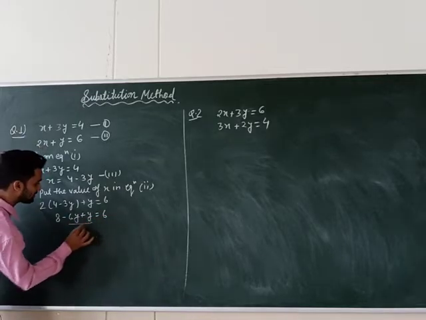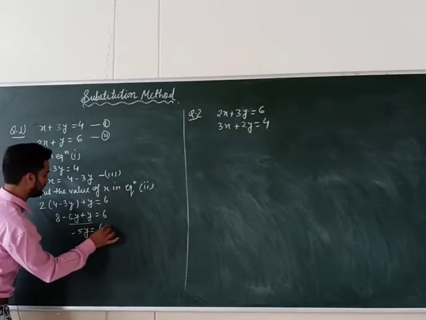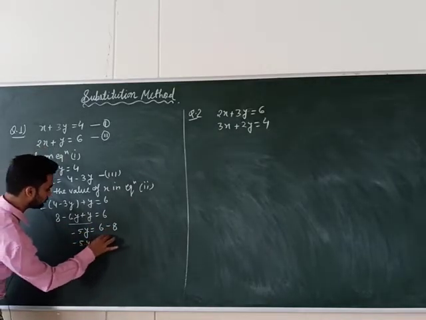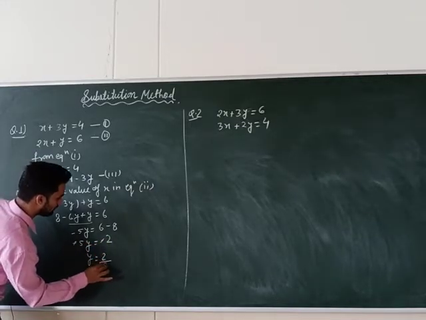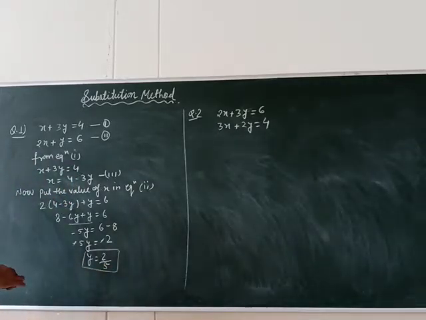So minus 6y plus y will be minus 5y is equal to 6, and this plus 8 will move that side, minus 8. So minus 5y is equal to minus 2, minus will cancel out, y equal to 2 by 5. So the value of y is coming 2 by 5.